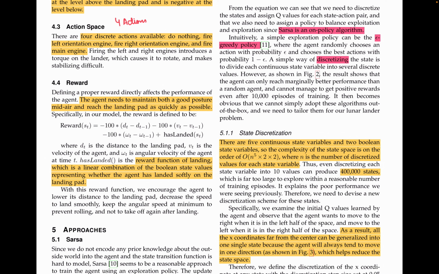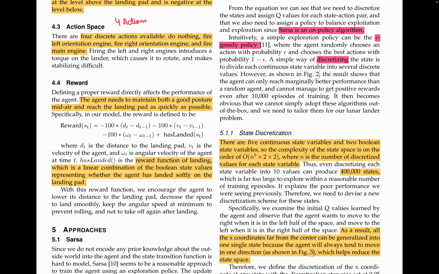How we calculate the reward is, we have minus 100 into dt minus 1. dt is the distance to the landing pad, vt is the velocity of the agent, omega t is the angular velocity at time t, and has landed is the reward function of the landing, which is a linear combination of Boolean state values representing whether the agent has landed softly on the landing pad. So it's all related to each other.